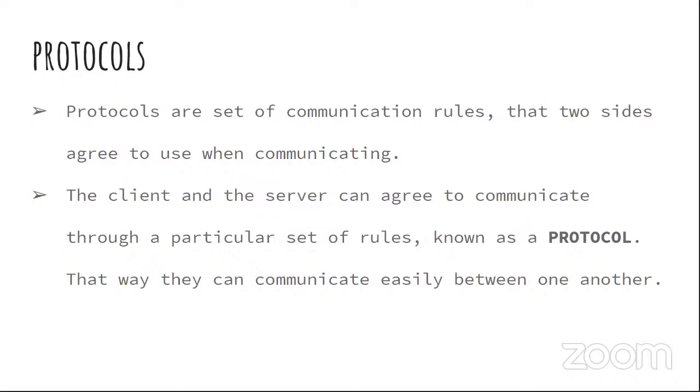If the two of them know Pidgin English, they might decide to speak Pidgin English with themselves. Or if they know normal English, they might decide to speak normal English between themselves, irrespective of their individual languages. The client and the server can agree to communicate through a particular set of rules known as a protocol. So that's what I basically explained right now.